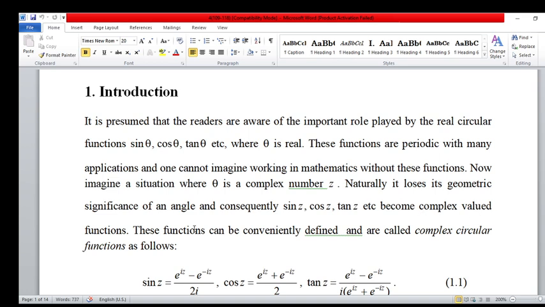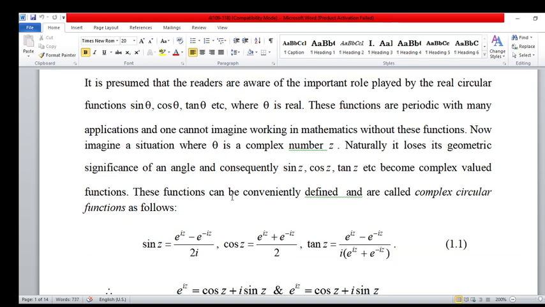These functions can be conventionally defined and are called complex circular functions, meaning trigonometric functions with complex theta.